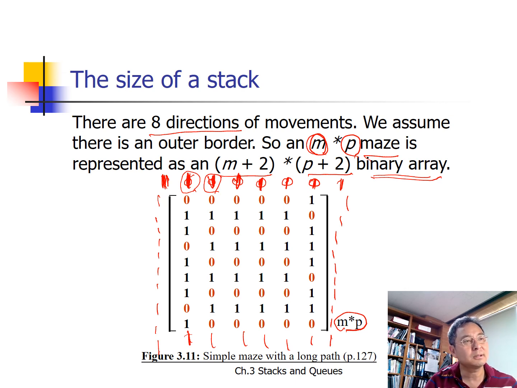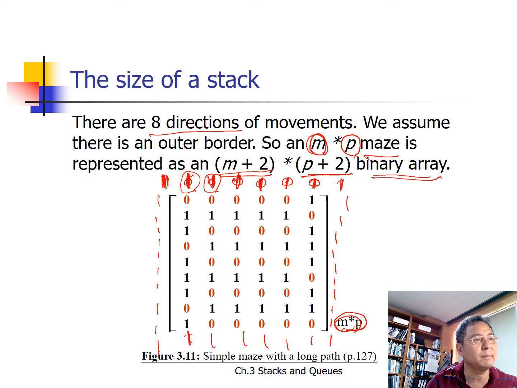So we just use an m plus 2 by p plus 2 binary array to represent the m by p original maze. If we use this design, then we do not need to consider the exceptional case.